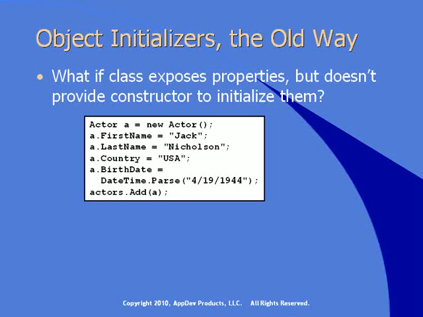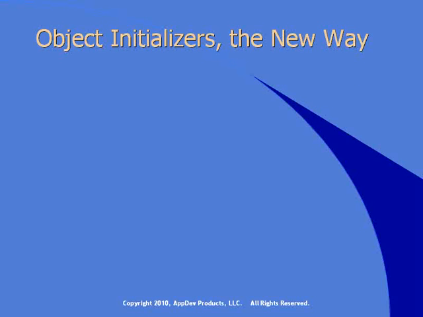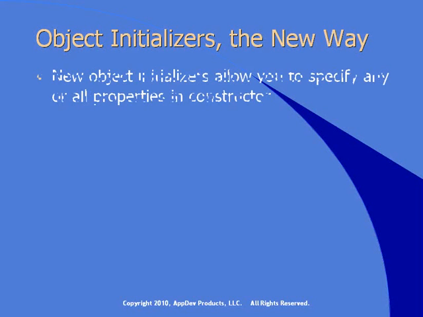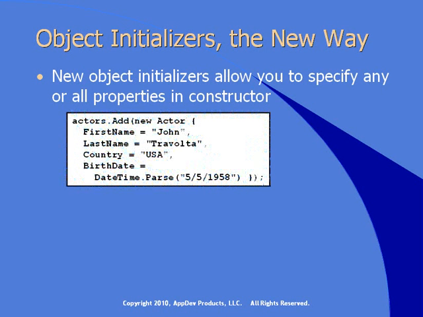So there's really no new information on this slide. But there's a new way to do it thanks to LINQ. LINQ requires the ability to create objects on the fly and specify values as you create them, and so you get to use that anywhere in the language. Here, we're going to add a new actor to our collection of actors all in one line of code without having to create a new variable for that actor.